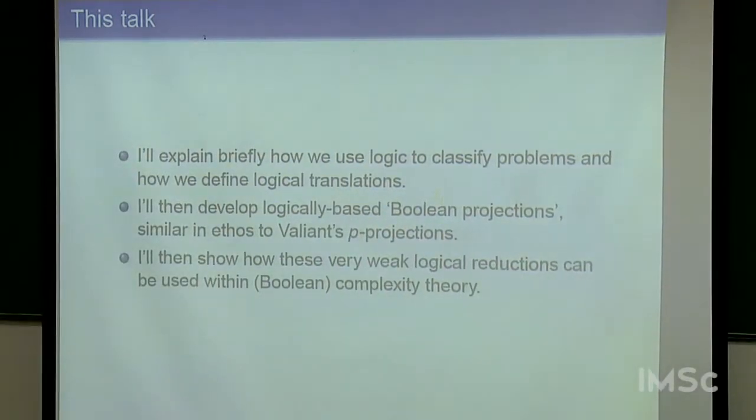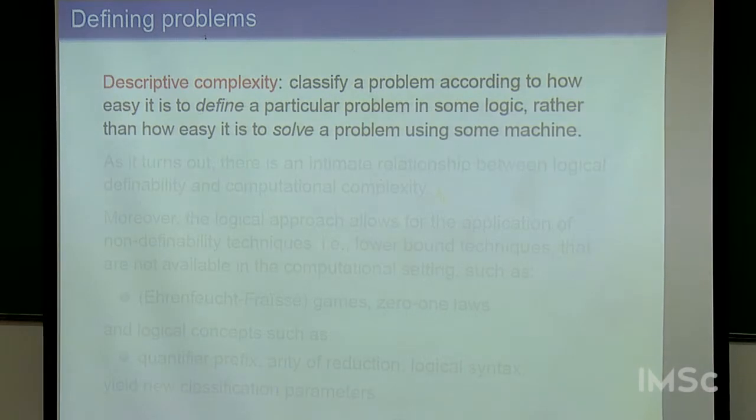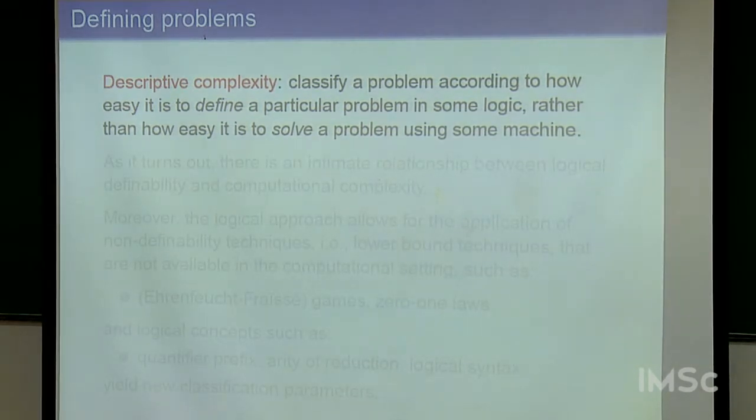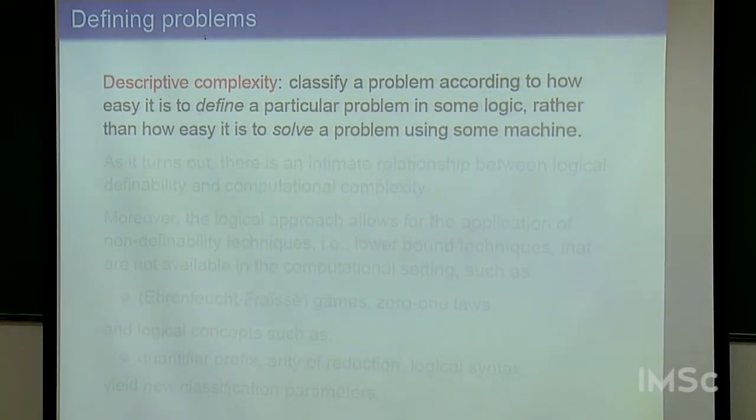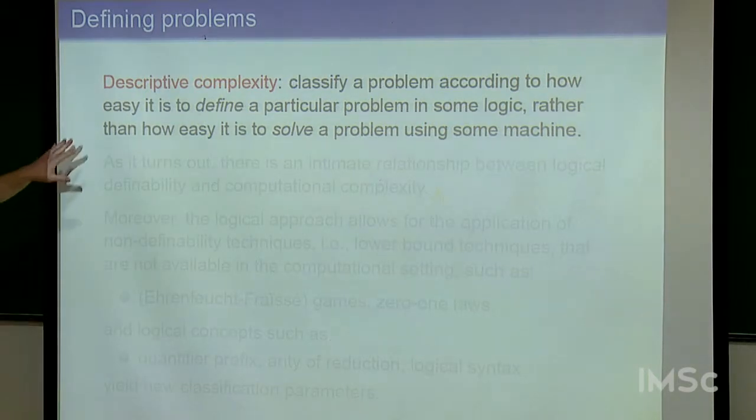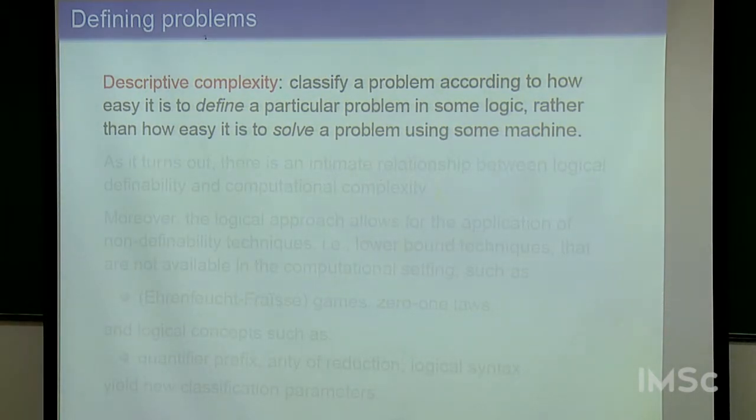Okay, so that's what I want to do in the talk. So let's turn now to descriptive complexity theory. What's that all about? Well, traditional complexity theory classifies problems according to how easy it is to solve a problem using a machine, whereas in descriptive complexity, we are interested in how easy it is to define a problem using logic.